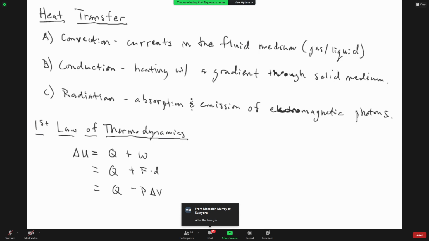So, no, that's a U, capital U. This is the internal energy of any gas, not an H. Sorry, I know my writing's bad, but Q is heat energy.